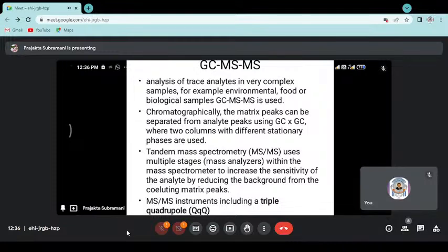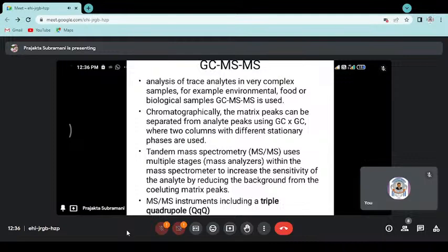In GC-MSMS technique generally they use the triple quadrupole system. Why do they use this triple quadrupole system? Because the first Q is used for precursor selection, then the second Q, small q, is used as a collision cell, and the third Q is used as a product ion mass analyzer.